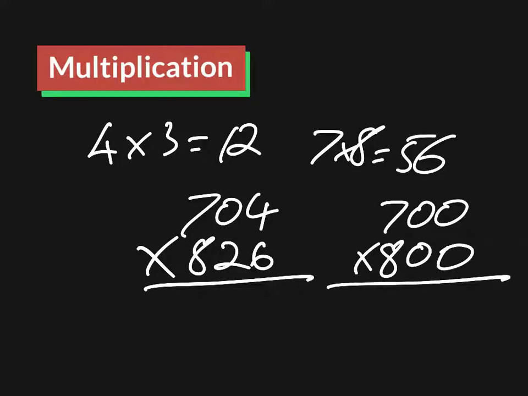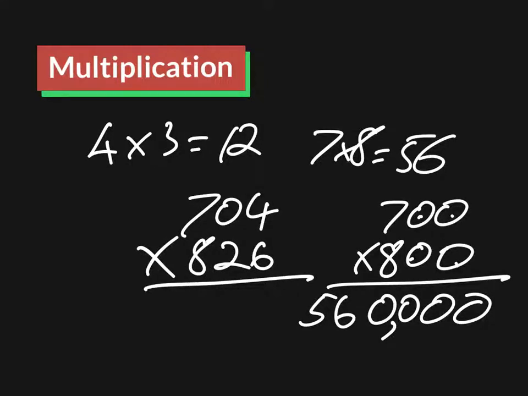They would both round down. And then you know 7 times 8 is 56. And if you count the zeros, 1, 2, 3, 4, your answer is going to have 4 zeros too. The answer is going to be around 560,000.